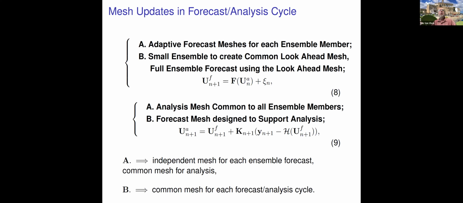We also factor in what we need to do to support the observations, and we put that in with the forecast mesh as well. So in scenario B, we have a common mesh for all ensemble members that's used both for the forecast and then for the analysis. After the analysis, we send out our small ensemble again to learn what the next common look-ahead mesh should look like for the next forecast and analysis cycle.